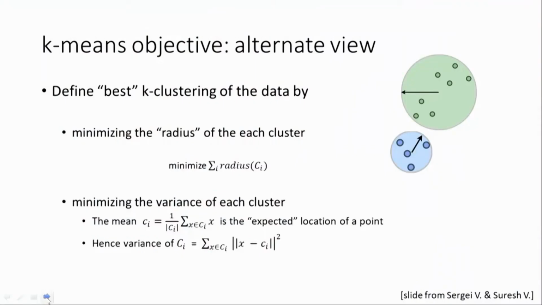Okay. So here is the way we were looking at it. We have put one of the centers here at the center of the green ball, and another center here at the center of the blue ball. Then we are measuring the distance.